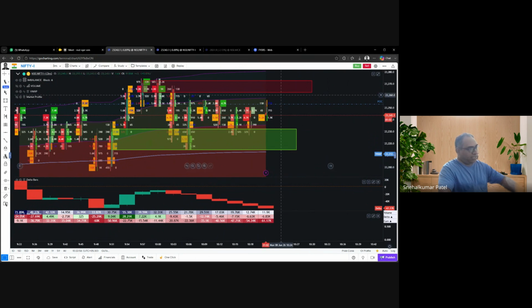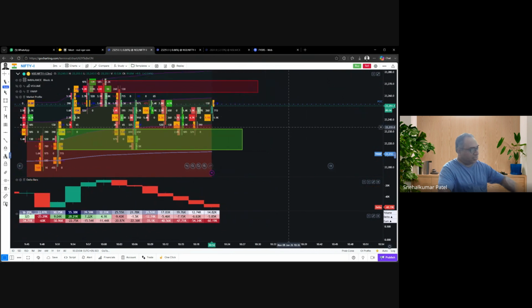As soon as the price tries to go up, sellers start dominating. Delta is continuously negative, not a single positive delta after this candle, which was near today's high.